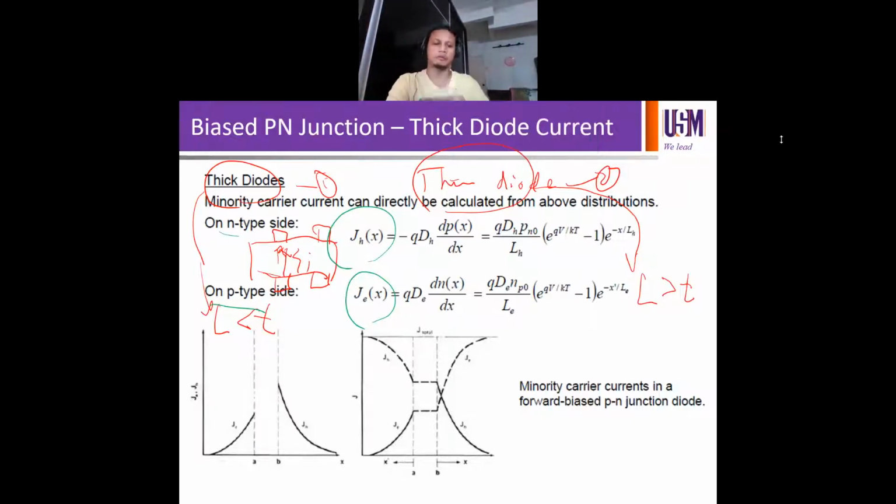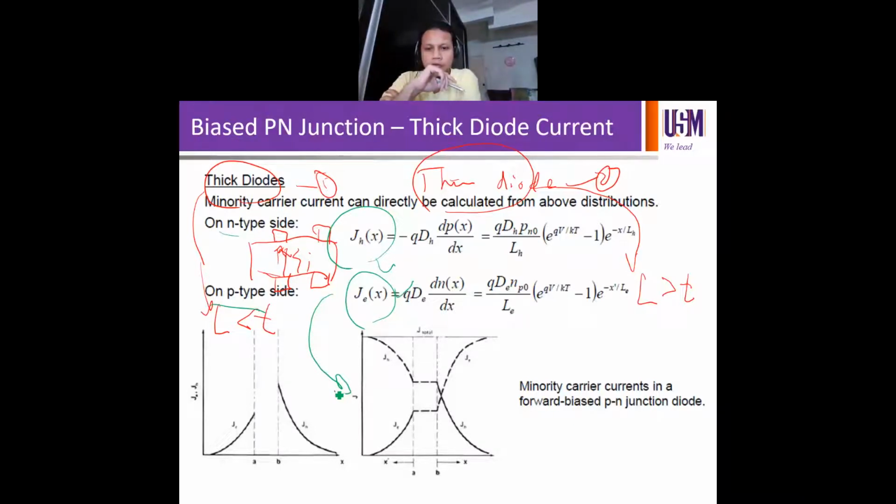You have to plug in all the important parameters like diffusivity, np0, diffusion length, and voltage. Diffusion length is given already. This current, the JH and JE, will appear as this on the right hand side curve.